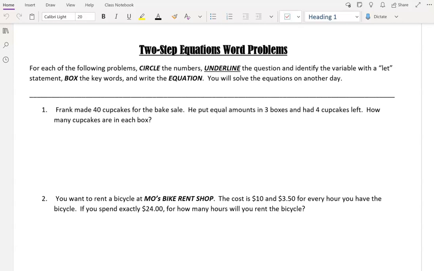Now, the other day you were given the assignment of writing and solving two-step equation word problems, and part of the assignment was to copy down in your math notebook the math problems as written, and then go through.